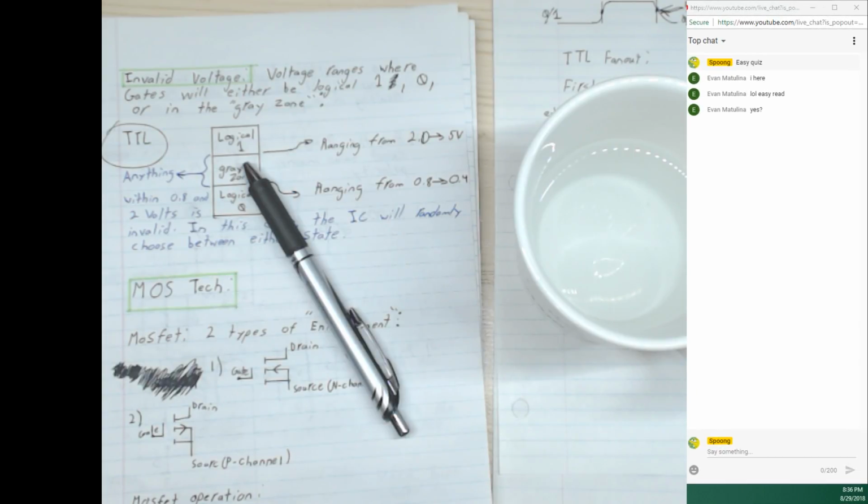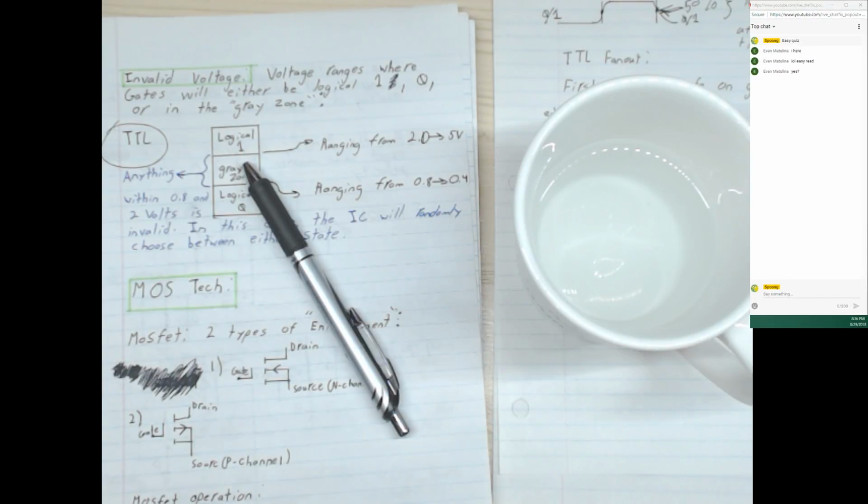Easy crop. Is that visible on stream? Not really.